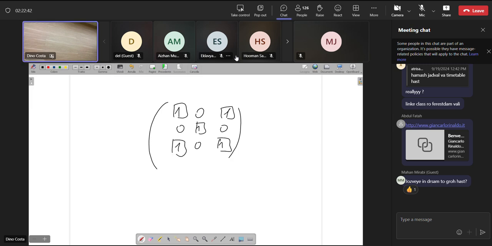And one can see that this is an equivalence relation. In fact, one can see 1 is equal to 1, 2 is equal to 2, 3 also may be related with.